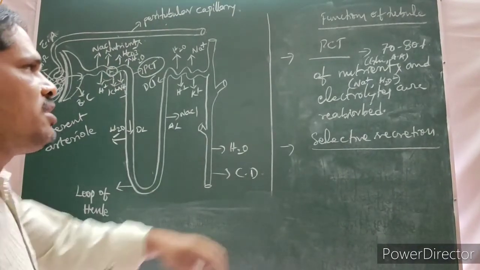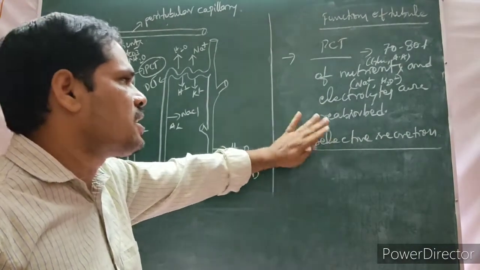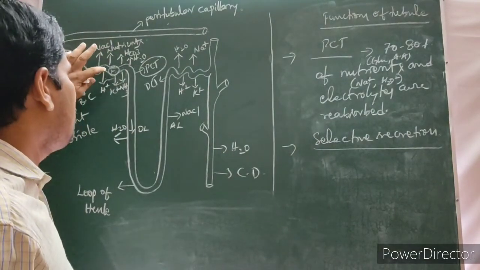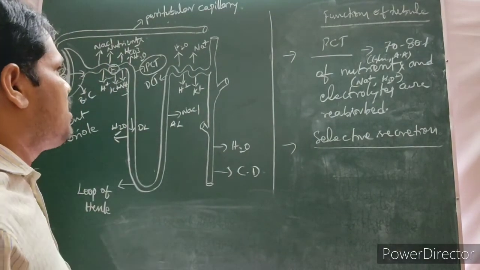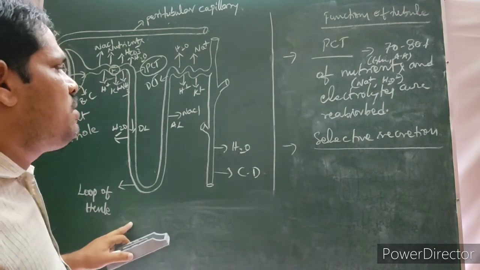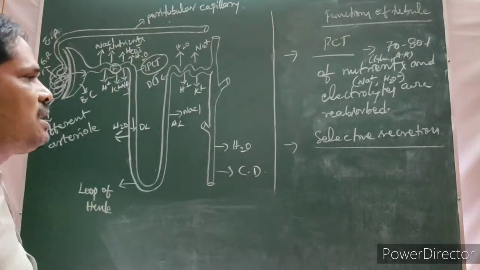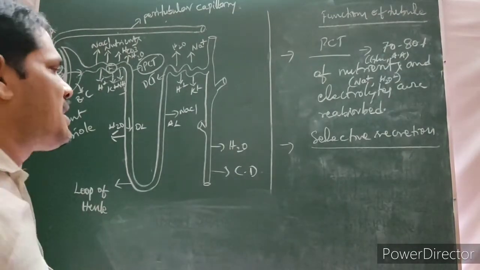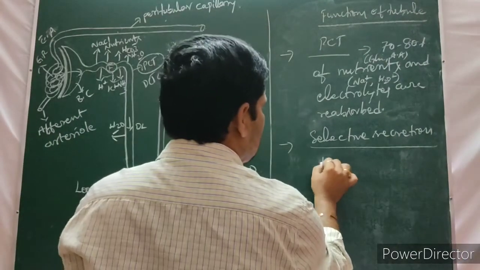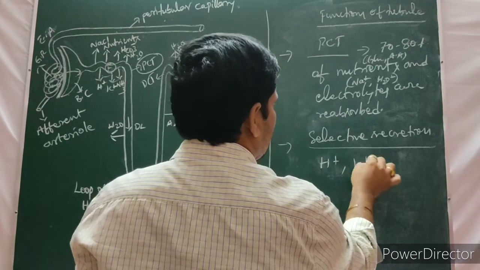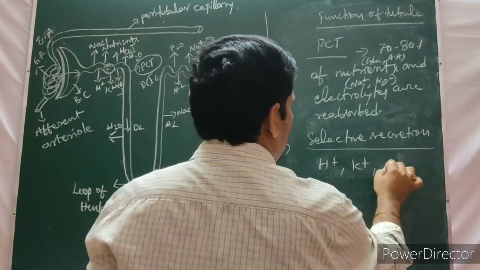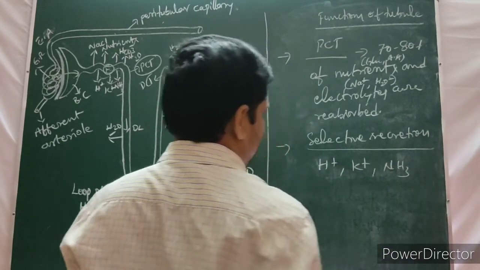How much is that? 70 to 80% of all the nutrients and electrolytes are reabsorbed from the PCT to the peritubular capillary. The next one, selective secretion. From the peritubular capillary to the PCT, what things are going to be secreted? Hydrogen ions are secreted, potassium ions are secreted, and ammonia is also secreted.